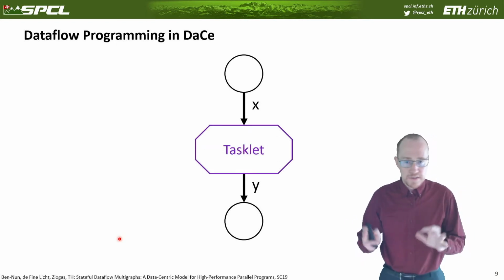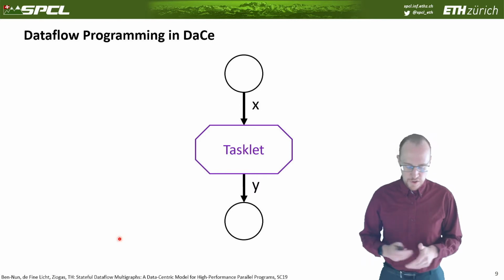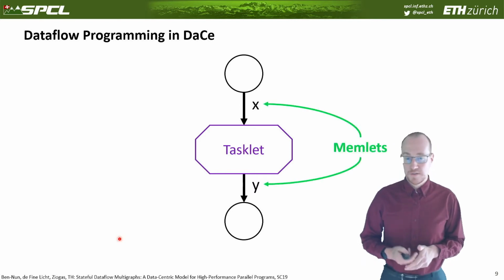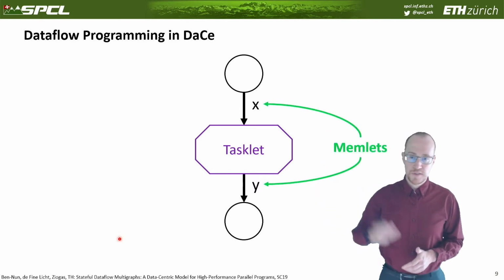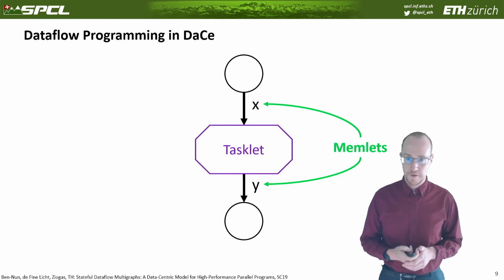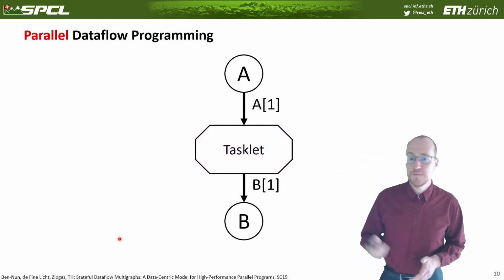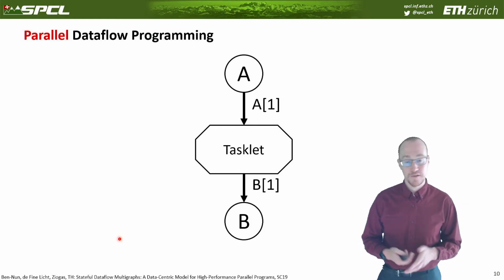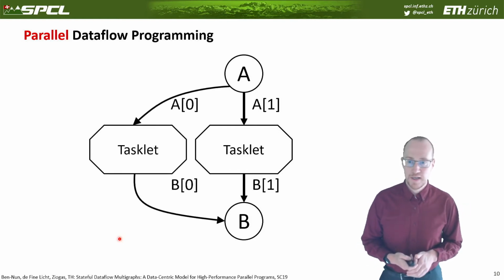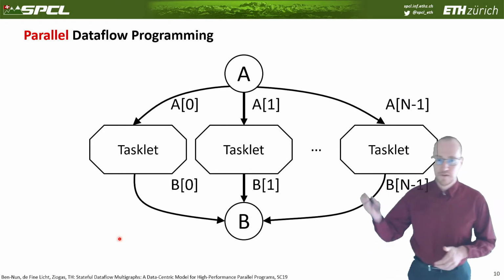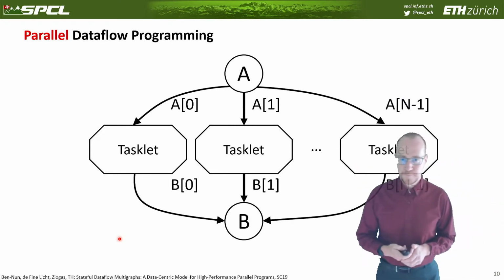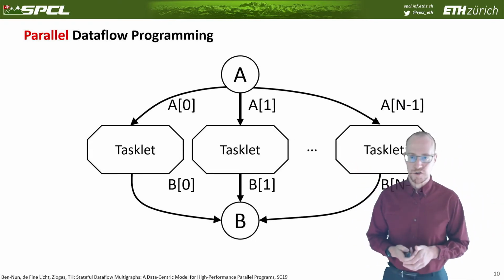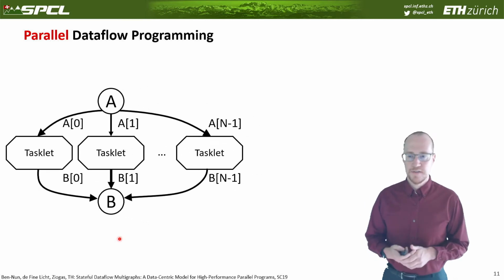And actually, as I said, what this computation does, we don't care. So now we call these inputs and outputs memlets. In the following, you will see this a little bit more. And of course, these memlets are typically arrays, because otherwise the code would be very fast if it would just be scalar. So they can usually be very large arrays. And then you process this in parallel with lots of different processors and different iteration spaces.